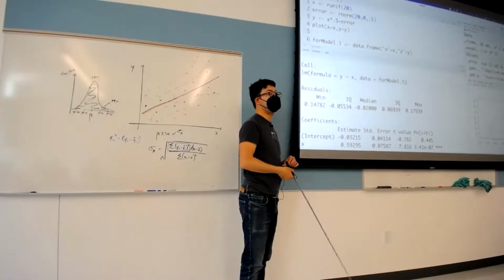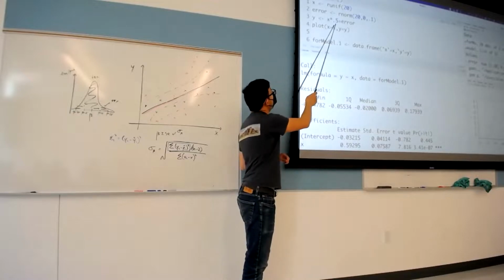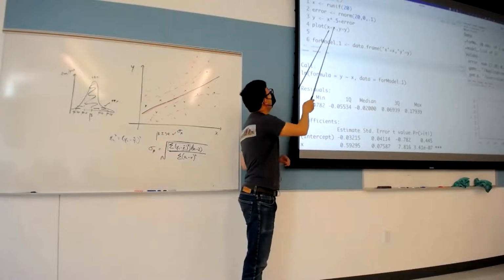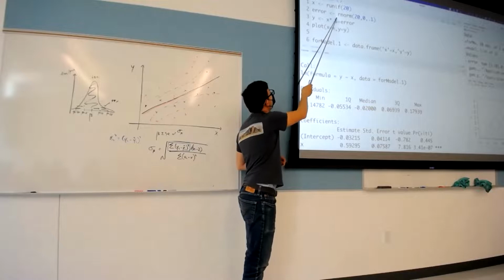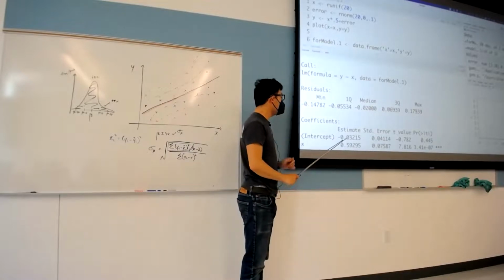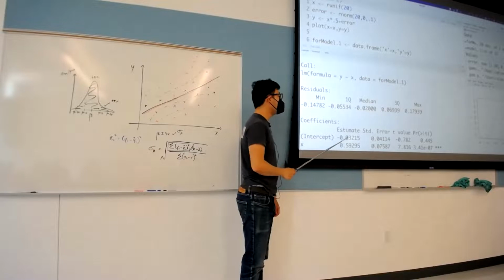There's no intercept. So we would expect the intercept value to be 0, and we are hoping to get a value of 0.5 for my beta. Here we have an estimate of negative 0.03215, so pretty close to 0.